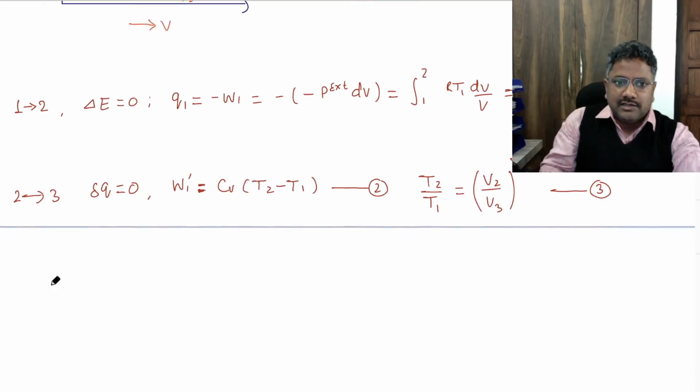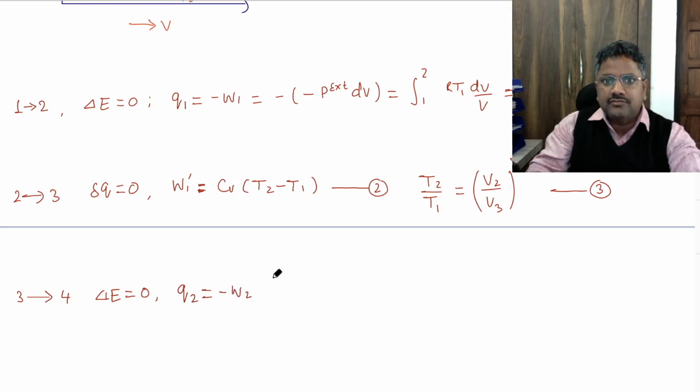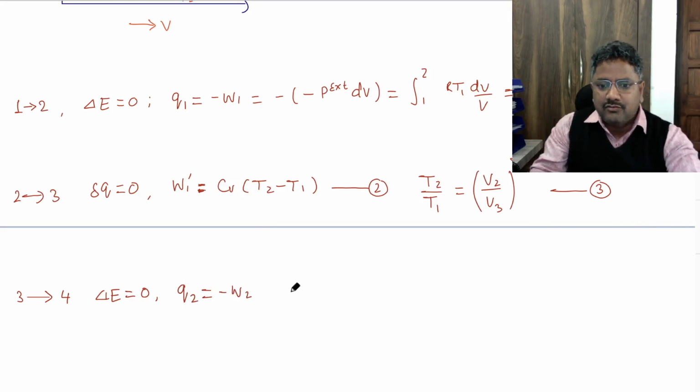Now come to the third step, 3 to 4. So 3 to 4, again delta E is equal to 0. So this time you can write heat change Q2 is equal to minus W2. This time I am taking W2 as work.